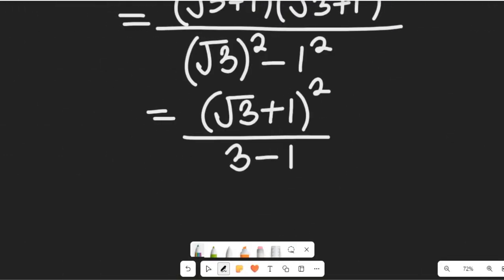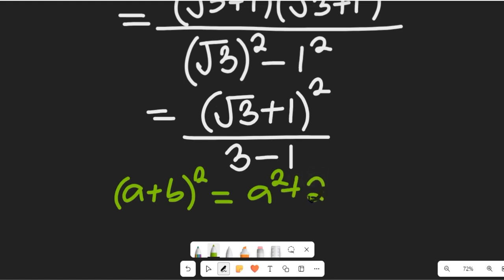So I want you to recall an algebraic formula. If I have a plus b all squared, what is it going to give me? This is going to give me a squared plus 2ab, then plus b squared.